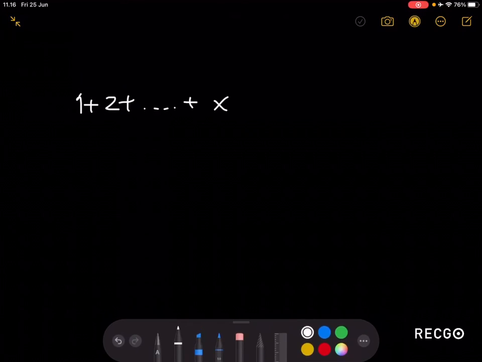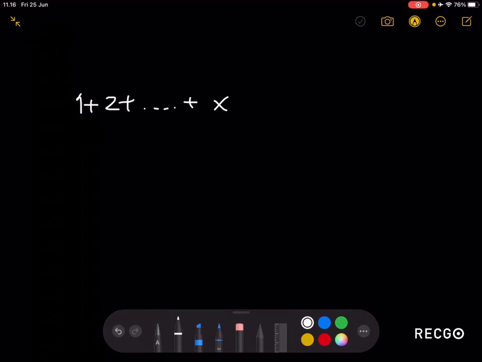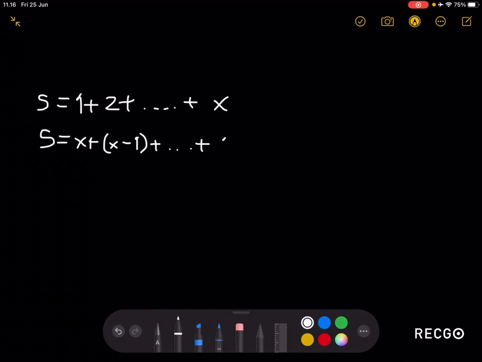To show that our formula before holds, we can suppose that this sum here will be equal to s. Now let's suppose that same sum, but with its terms written backwards. So instead of 1 plus 2 plus all the way up to x, we're writing it backwards. So we have x plus x minus 1 plus x minus 2 and so on, all the way up to plus 1.